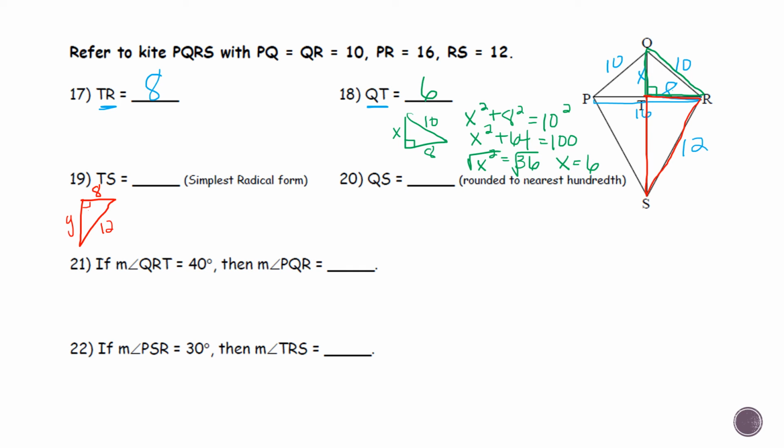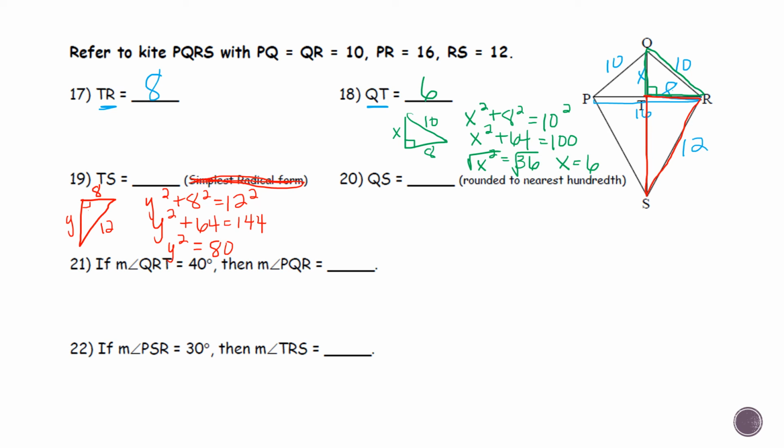So similarly, we're going to type in y squared plus 8 squared equals 12 squared. So y squared plus 64 equals 144. Y squared, when I subtract 64, should equal 80. And here it says simplest radical form. We'll ignore that for now.